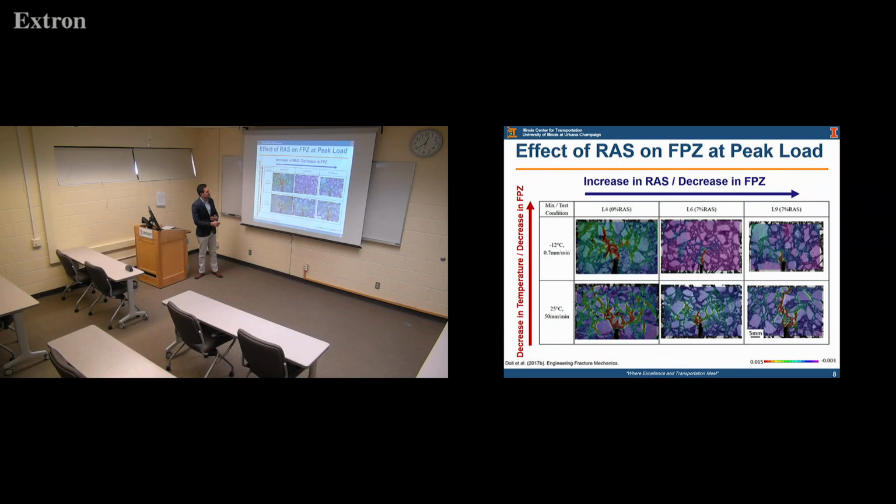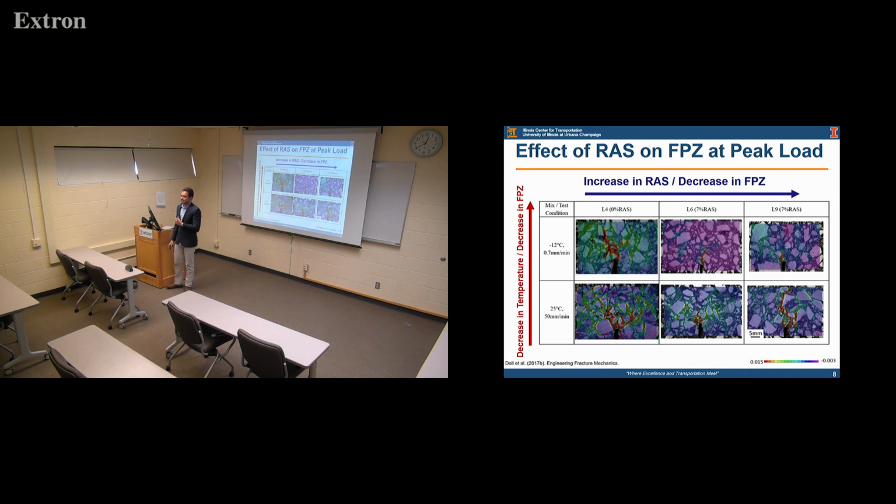In this figure, the first column indicates that the material has no recycled material, 0% recycled asphalt shingles, and the other two images have recycled materials, have shingles in them. And in the case of the rows, we are testing at -12 and 25C, the same testing.